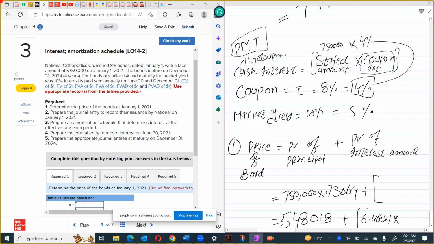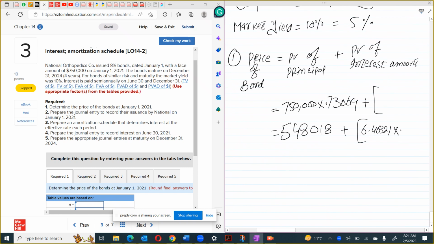Give me the answer. 750,000 times 4% is 30,000. So what we will do, we will multiply 30,000 times 6.46321.